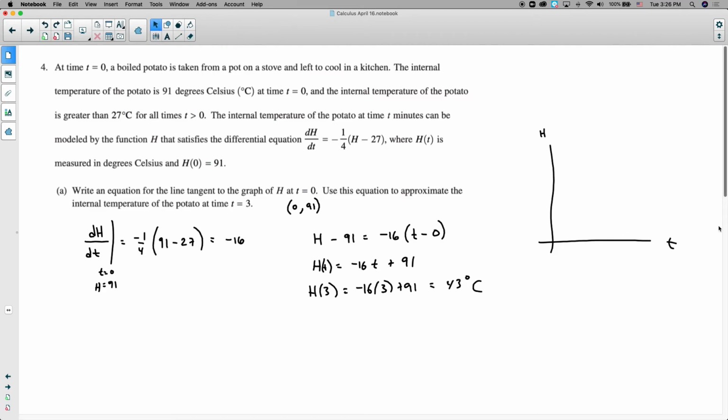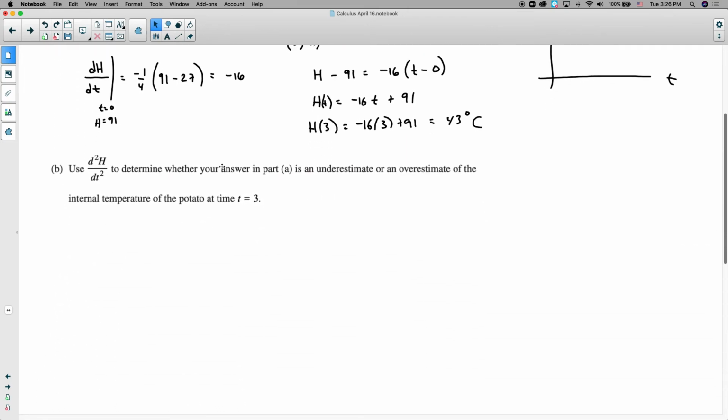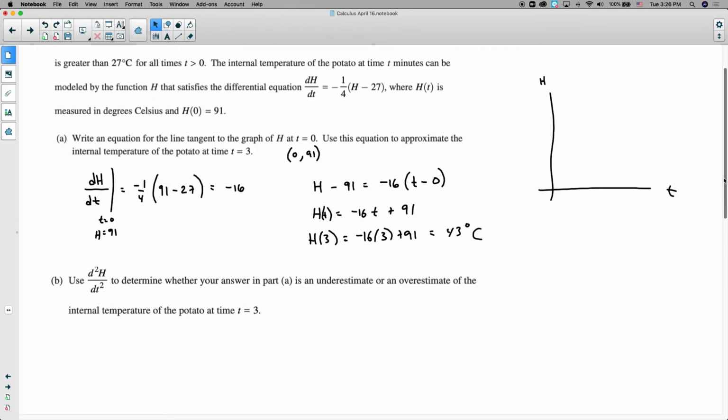So rolling on to the second part of this problem, part B, where again I think you should pause the video and think about this problem before I do it.